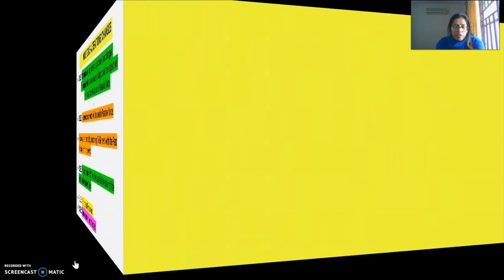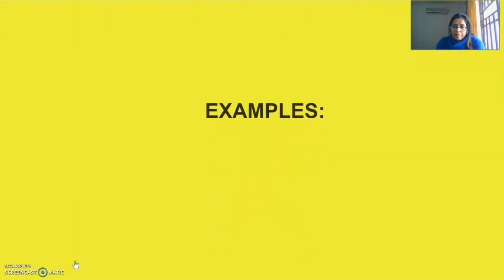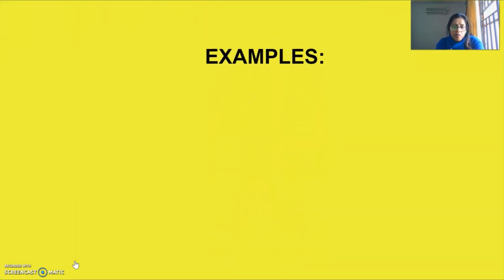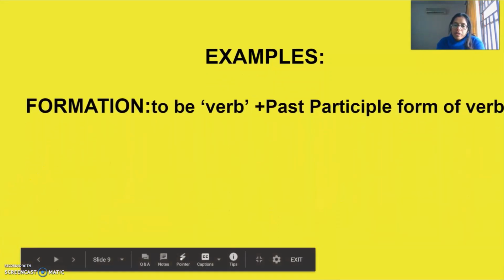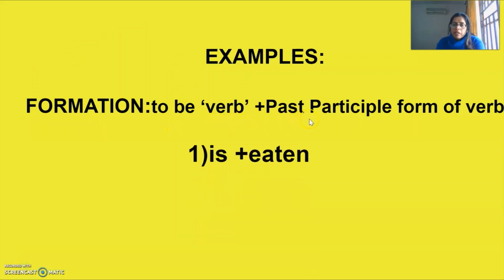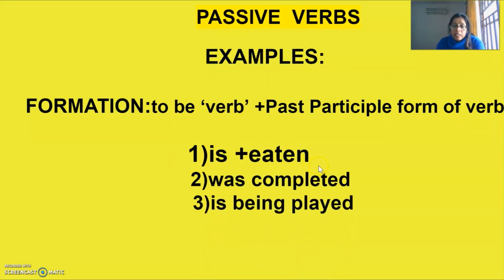So here we are going to learn the formation of passive verbs. So a passive form of verb is formed by combining to be verb with past participle of the main verb. Okay, for example, is plus eaten.